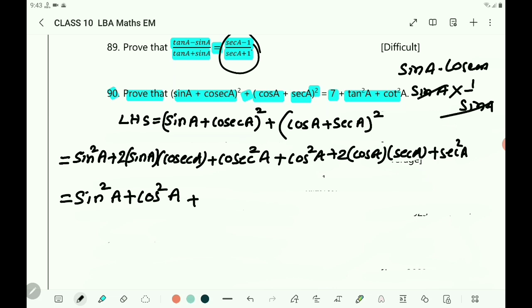So directly you can cancel sin A into cosec A. Then you write 2 here. 2 plus write cosec square A. You know that 1 plus cot square A is cosec square A. So in this place you can write 1 plus cot square A.